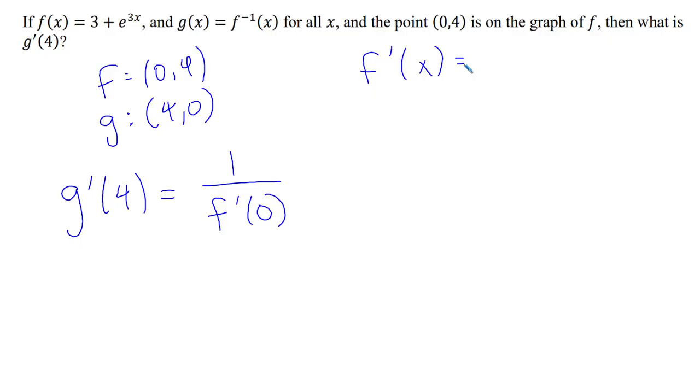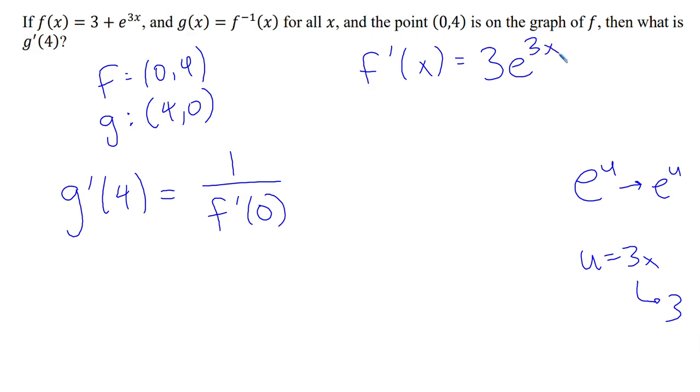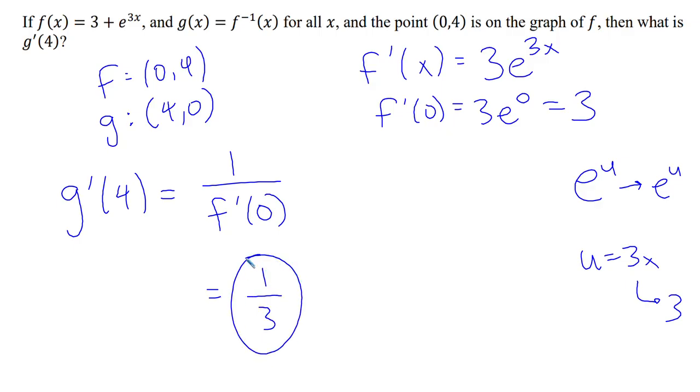Then we just need the derivative of e to the 3x. Well, if we think about e to the 3x, that's e to the u, where u is 3x, that's just the chain rule. So the derivative is e to the u multiplied by 3. So 3e to the 3x. So if we evaluate f prime of 0, that's 3e to the 0, which is just 3, which means that our final answer here is just 1/3.